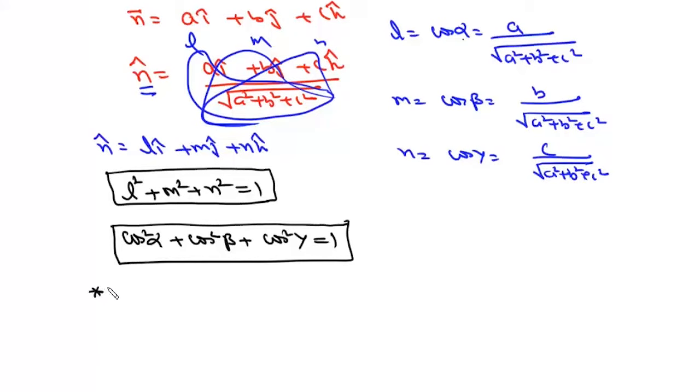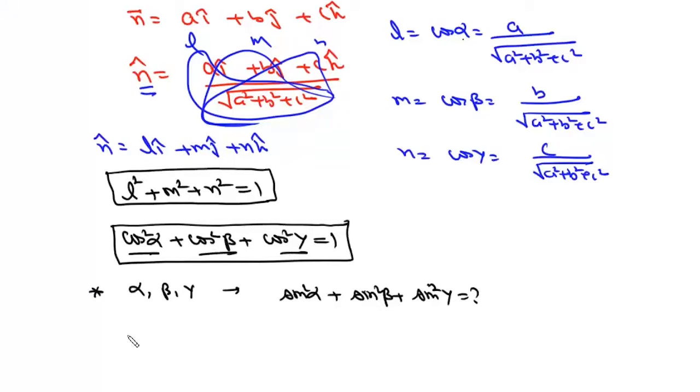Now a question can be asked: if a line makes angles alpha, beta and gamma with the positive directions of the x-axis, y-axis and z-axis, find the value of sine square alpha plus sine square beta plus sine square gamma. We already know the result in terms of cos.